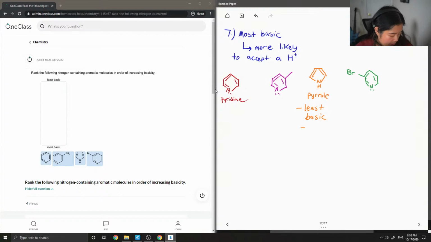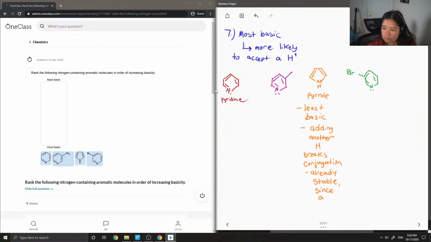I'm just gonna write that down. So I wrote that adding another hydrogen breaks the conjugation of the ring, so it's already stable since it's aromatic.